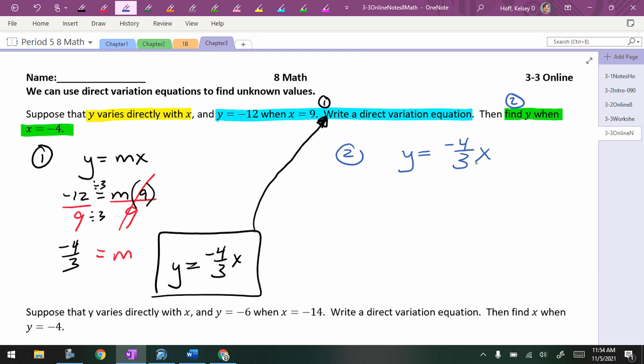Do I replace y? No? Do I replace x? How do you know? Yeah, it tells you x is -4. It says find y. We don't know what y is, so we can't replace it. So we're going to put in -4 for x. And because -4/3 is a fraction, I'm going to put -4 over 1.